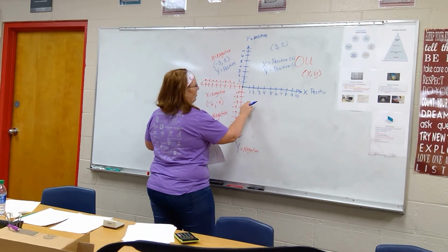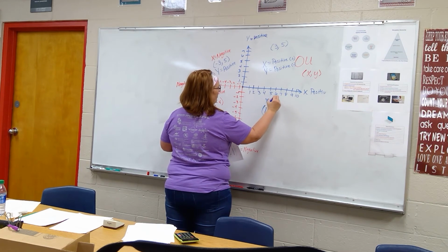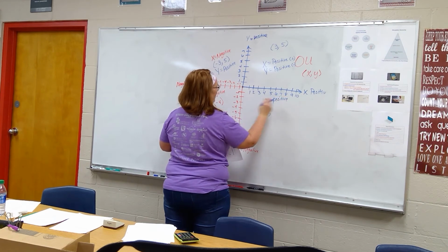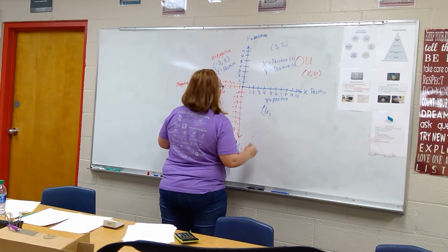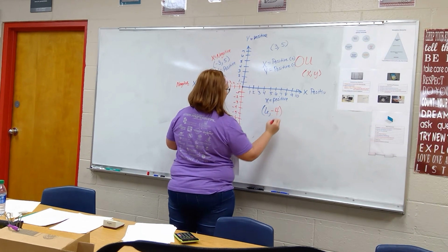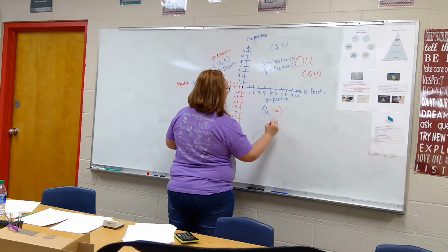If I choose to go over 6, my x is positive. If I go down 4, I have a negative. So my y's are going to be negative.